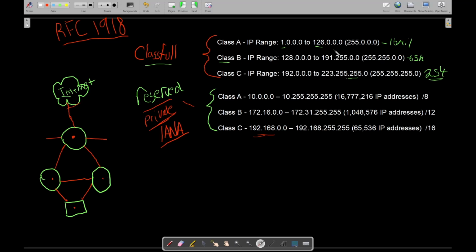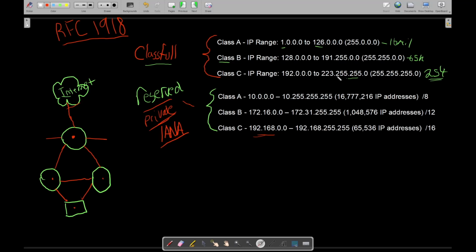It knew that there was the option for 16 million host addresses behind that. It also knew that if it was in this range, that there were 65,000 addresses in those last two octets, and those were the host addresses. It knew that was the host portion. It knew the first two were the network portion because of the range.